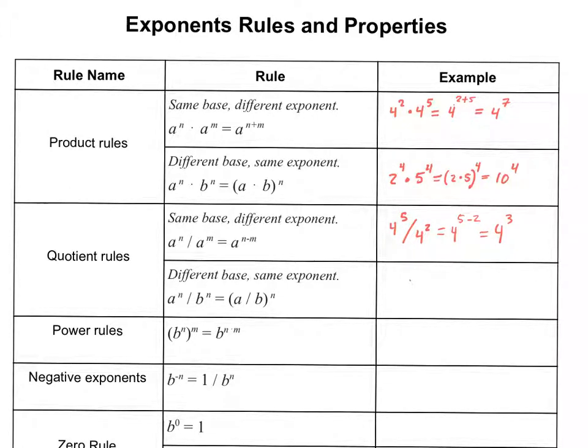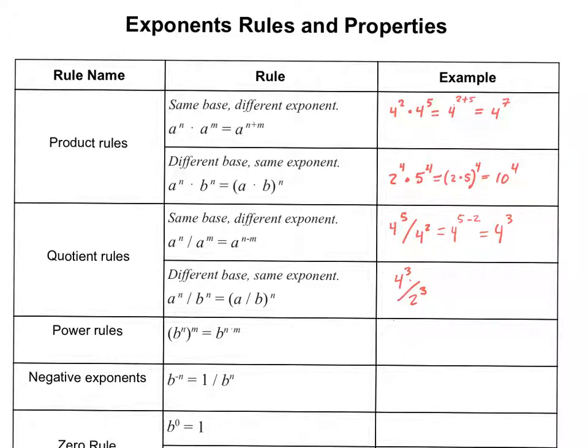Now we're going to be working with different bases but the same exponent. So we have different bases. So for example, we are dealing with 4 to the third power divided by 2 to the third power.